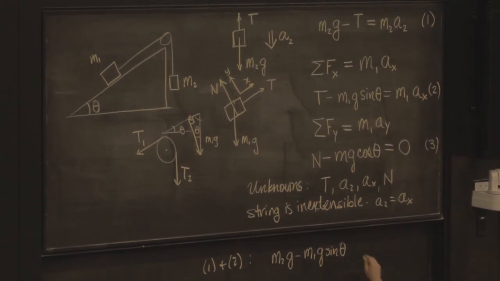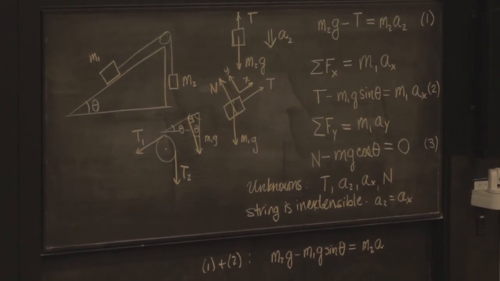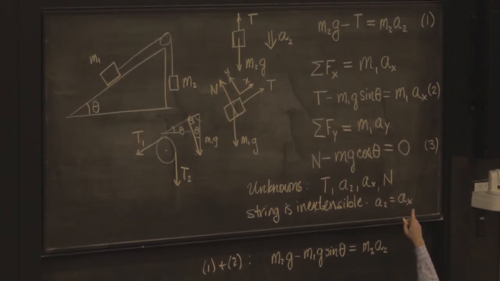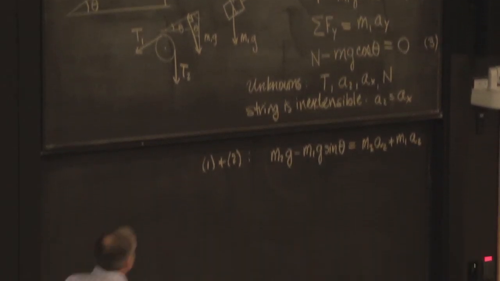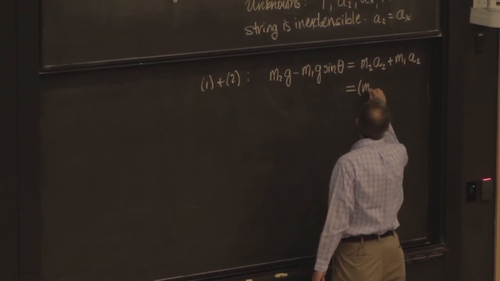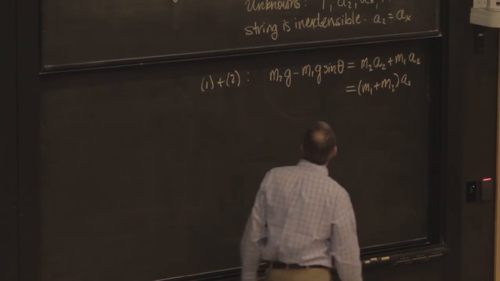must be equal to M2 A2 plus M1 A1, and I'm now going to say both of them are the same. We made that assumption, which I'm going to call A2, because we have that equation as well. So the right-hand side is M1 plus M2 times the acceleration A2.